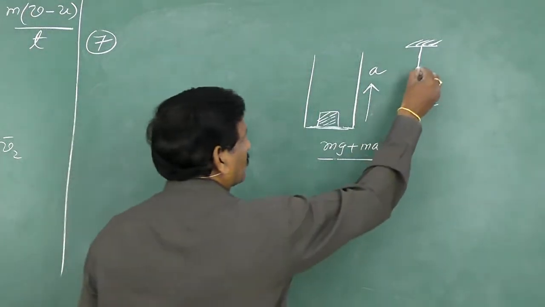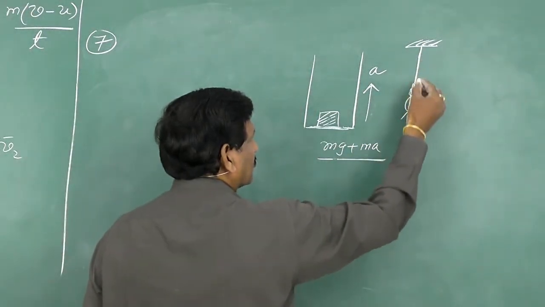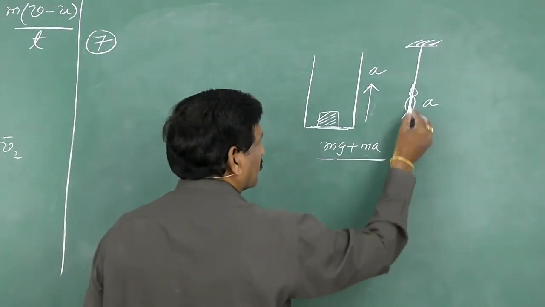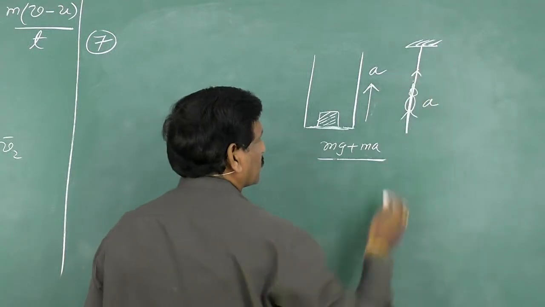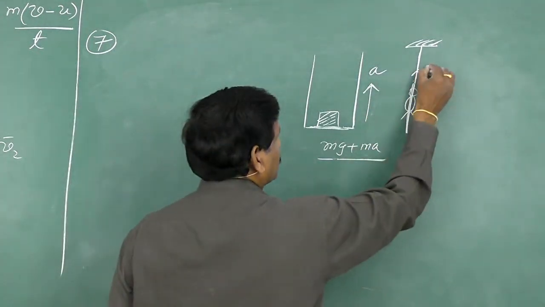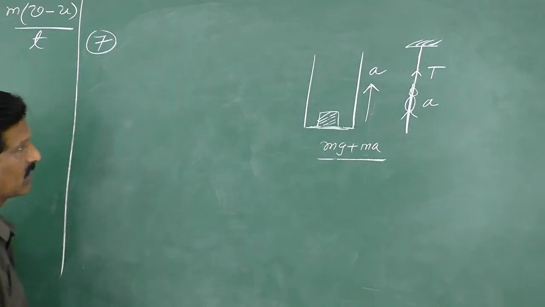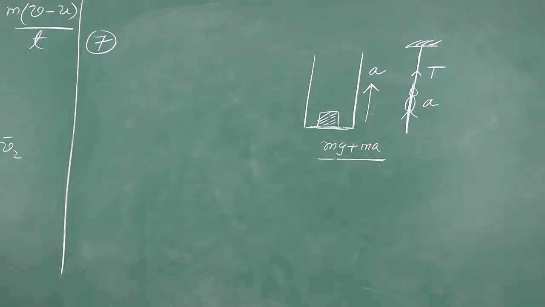Then, because of this force, tension is produced here. This is tension. So, the maximum tension above which the rope can break is mg plus ma.